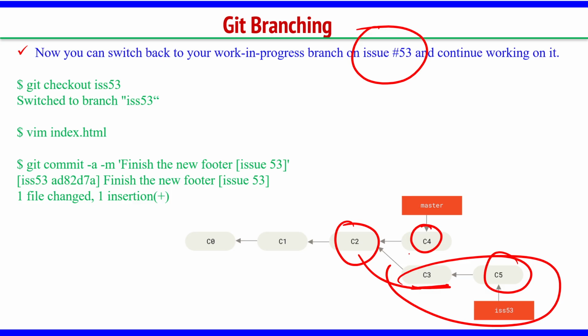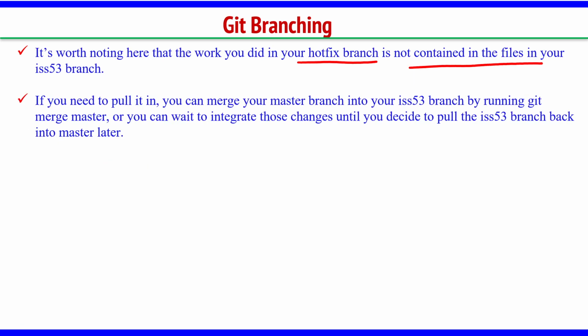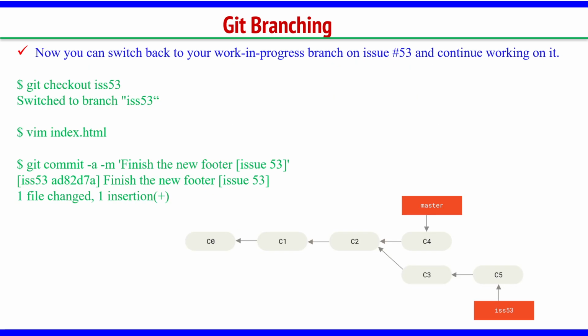Later you made another change C4. Is that updated in this C3, C5? No. Either this C3, C5 is missing in the main line or the C4 is missing in this line, right? So, whatever changes you made in the hotfix, it is not available in your branch. In this line it is not available because this came after you started working on issue number 53, right?